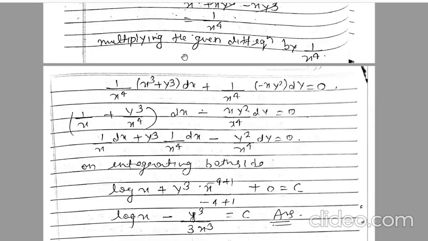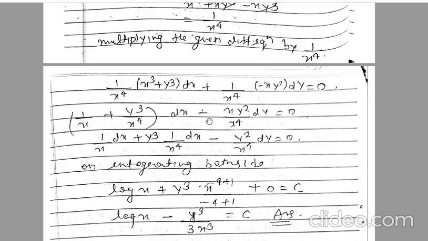Now the next step is multiplying the given differential equation by 1 upon x to the power 4. The given differential equation is (x cube plus y cube) dx minus xy square dy is equal to 0. Multiplying both sides by 1 upon x to the power 4, after solving you will get 1 by x plus y cube upon x to the power 4 dx minus xy square upon x to the power 4 dy.